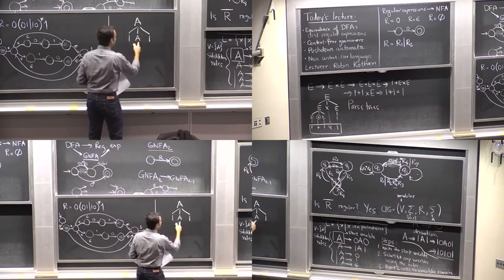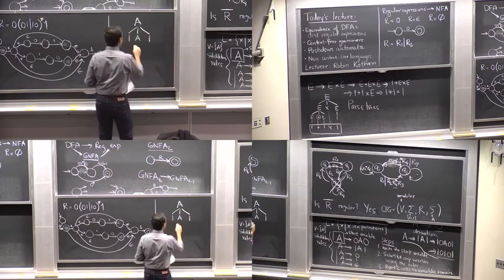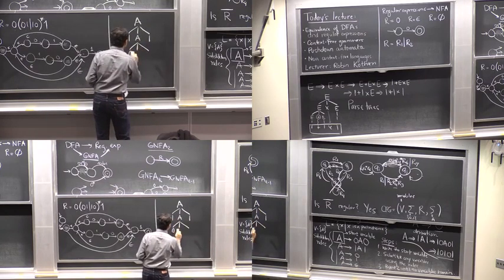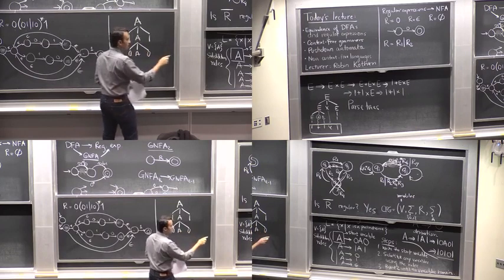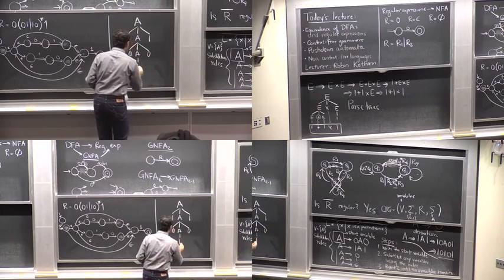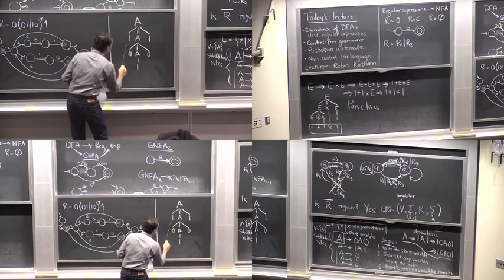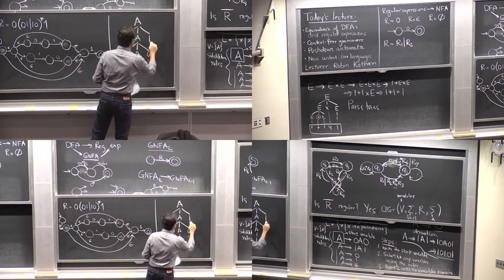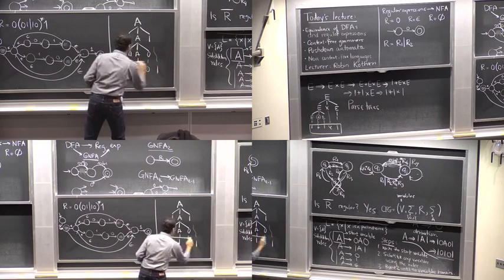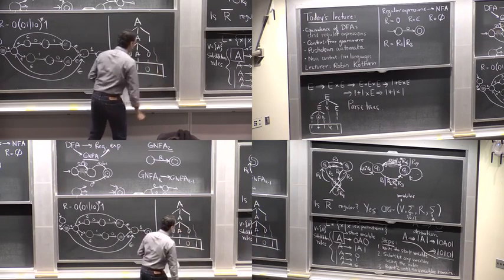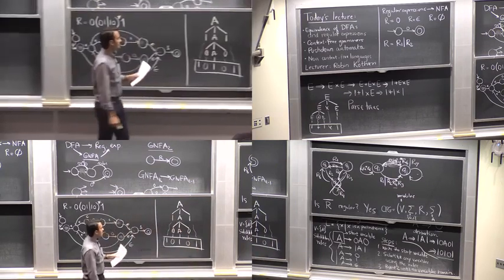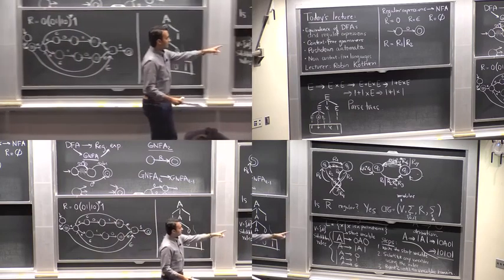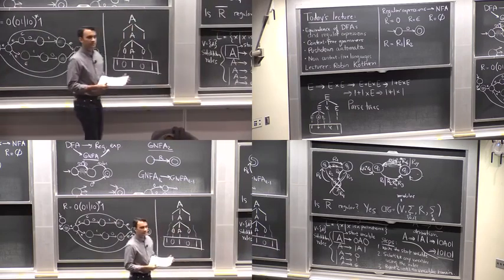Then we use the rule that A can be replaced by 0A0, 0A0. And then we use the rule that A can be replaced by a 1. And so this is the string you accepted: 10101. So this is a parse tree for that sequence of derivations over there.